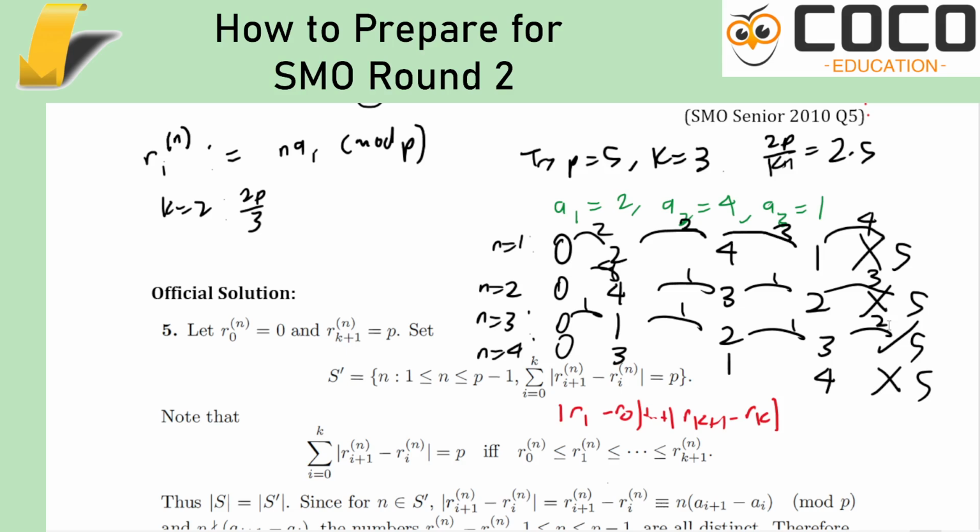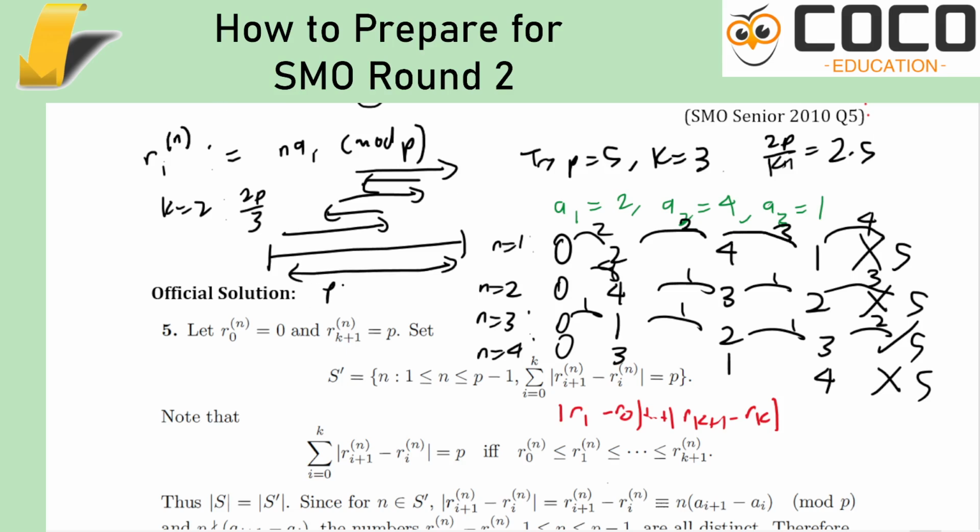So it's just saying that if you go in ascending order, then it goes just forwards from 0 to p. If it goes backwards at any point, you will be doing some forward and backward movements on your number line, which will end up giving a distance that is more than p.